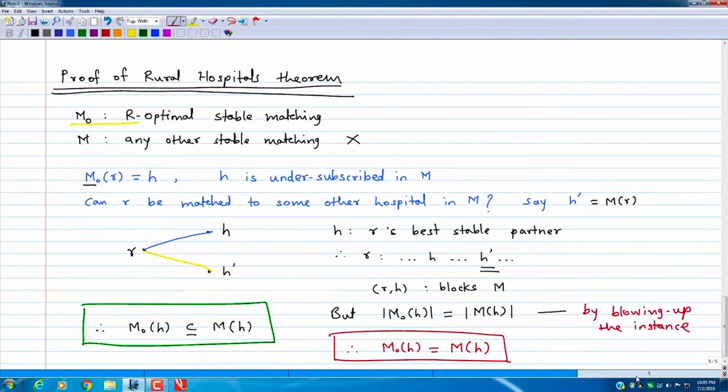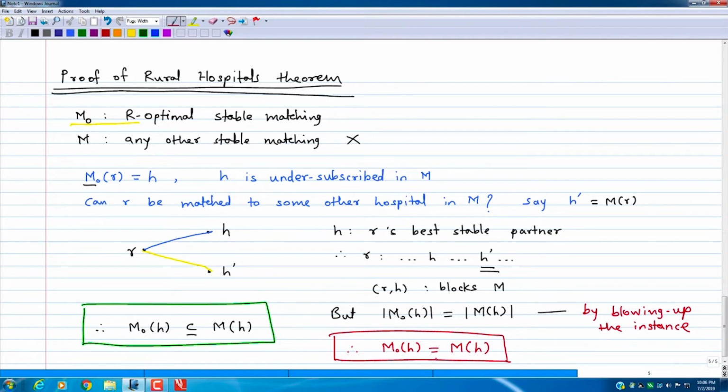Okay. Yes. Yes. But just because we said R optimal, it is a little easier to see.